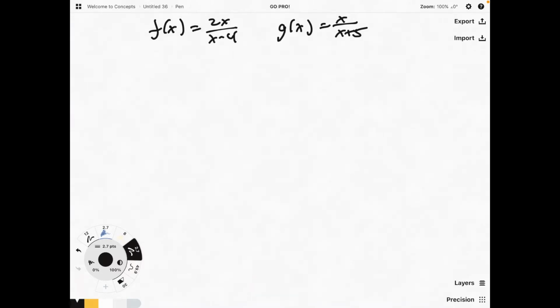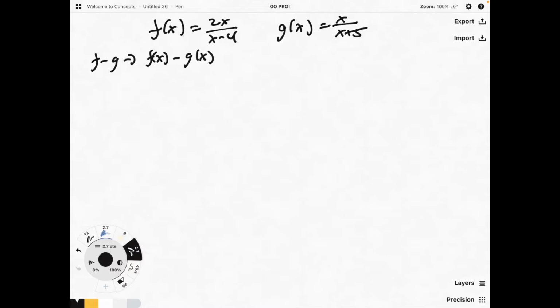All right, in this example, we are going to look at the difference. We're still using the same function of f and the same function of g. So we have 2x divided by x minus 4 for function f, and then for g, we have x divided by x plus 5. So to subtract, we are going to look at f minus g, and that is also denoted f of x minus g of x.